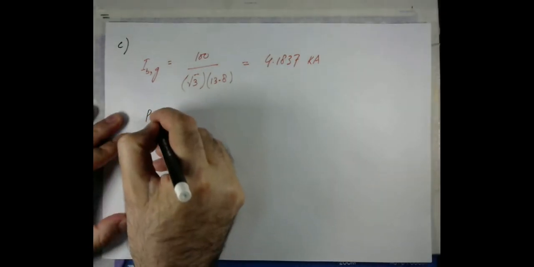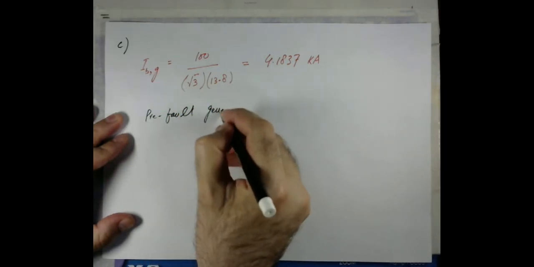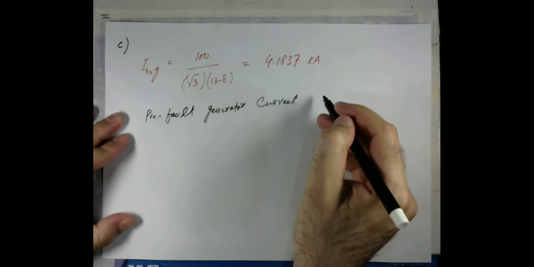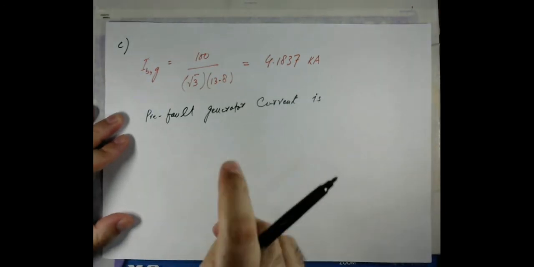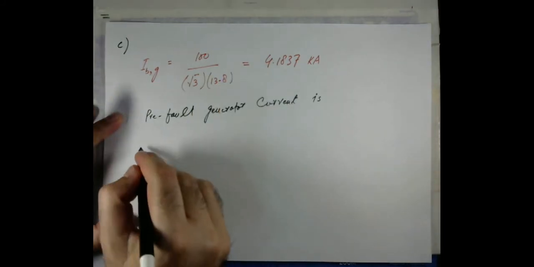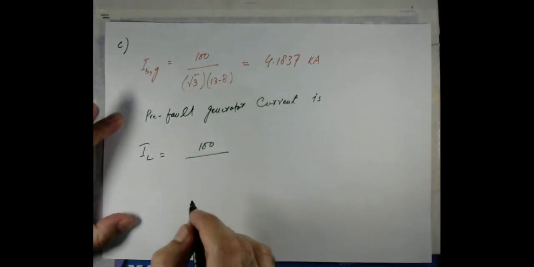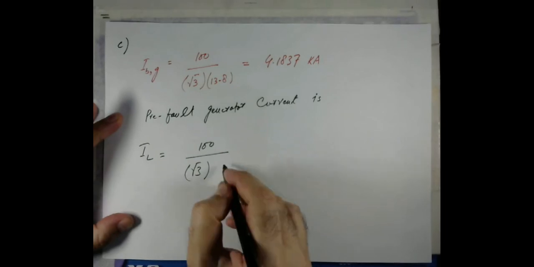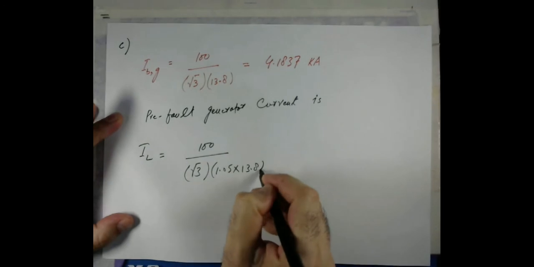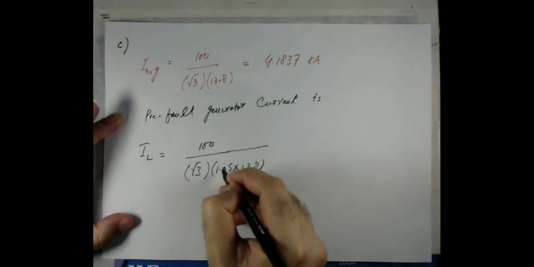The pre-fault generator current is, as mentioned, that the generator is running at 5% above the rated value. So the actual load current will be equal to the same MVA divided by root 3 times 1.05 multiplied by 13.8, to represent that it is running at 5% above the rated value.